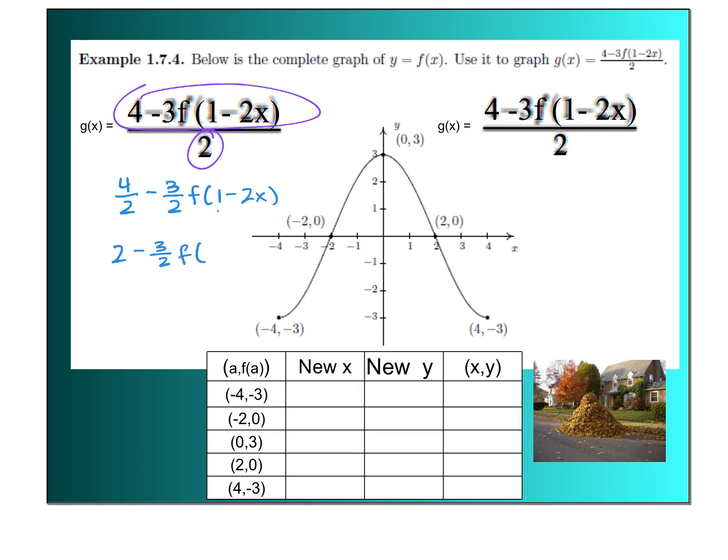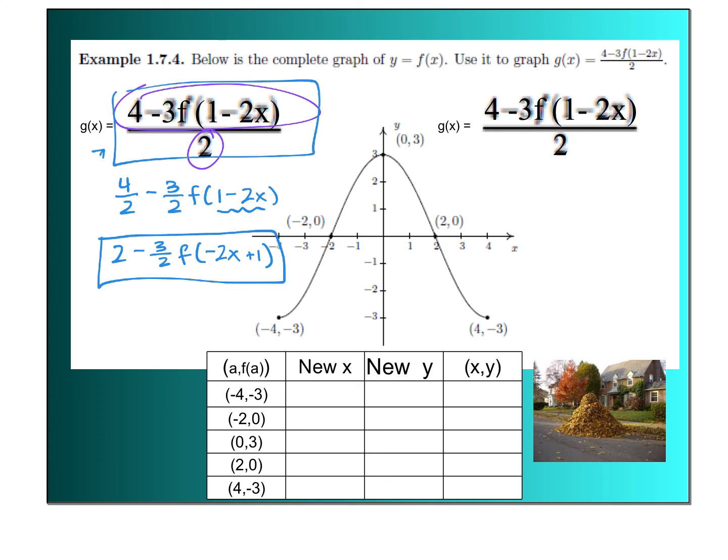And then the inside, these horizontal transformations, I would flip-flop so that the x term comes first: -2x plus 1. This is also g(x). These two things are the same. It's just that by rearranging and applying that division of 2 to both terms, it might be a little bit easier to see what transformations are happening.